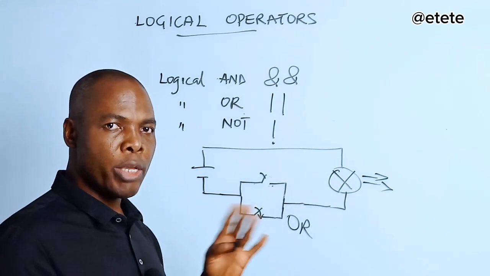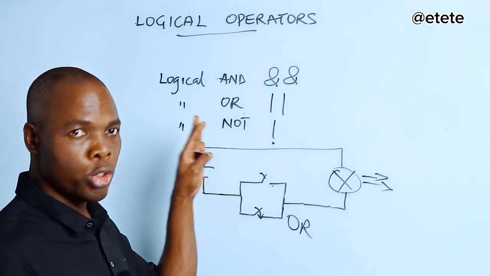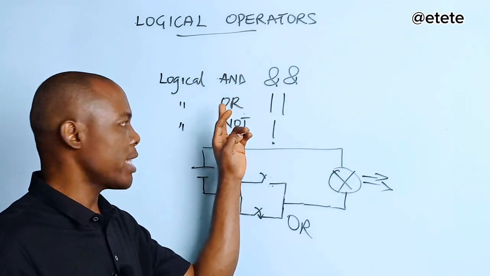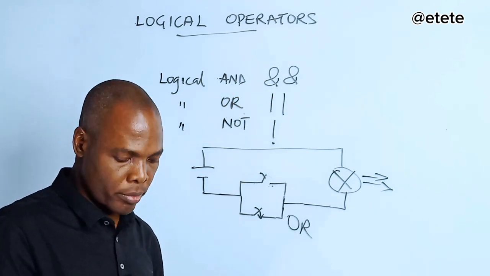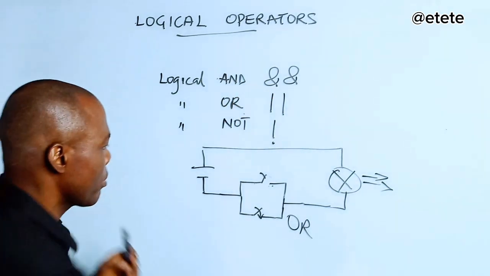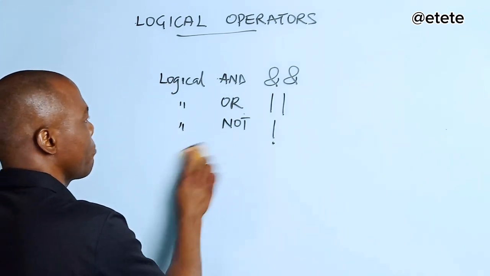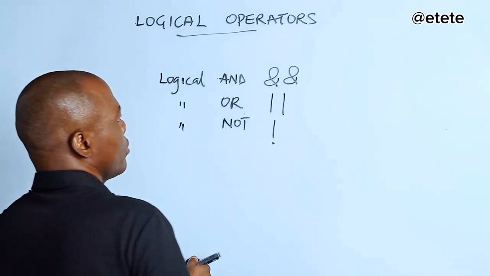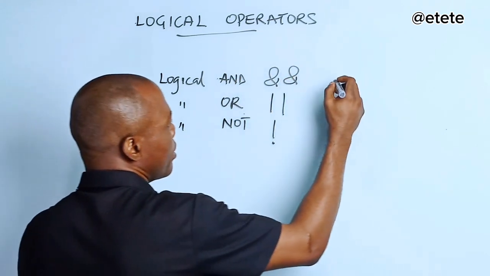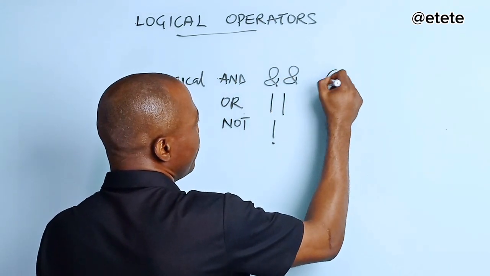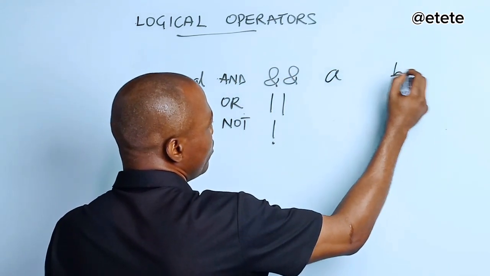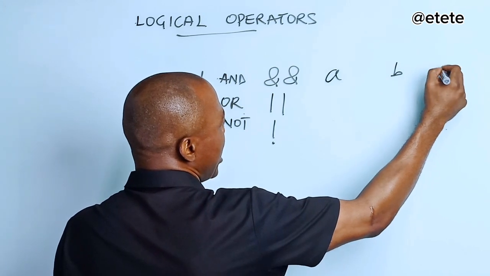So we have truth tables for them. I'm just going to show you the truth table for the logical AND, then the logical OR, and the NOT. For this one, let's say we have variable A and variable B, and then this is the output.